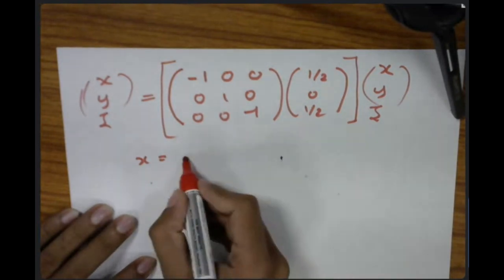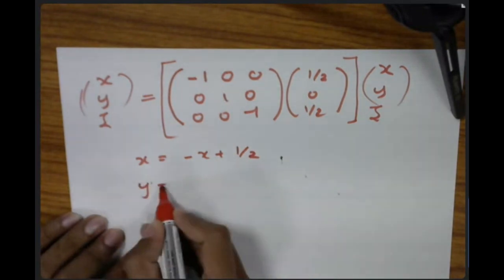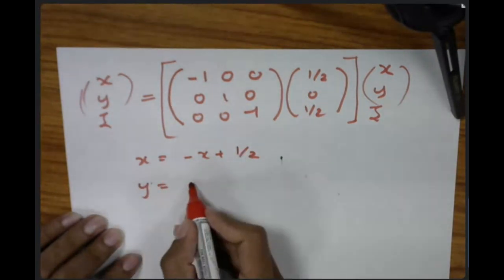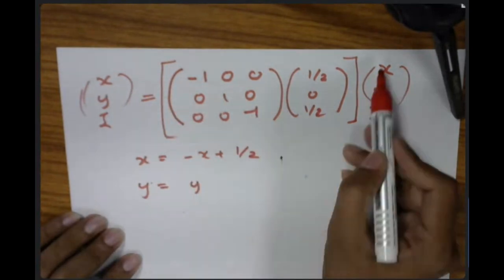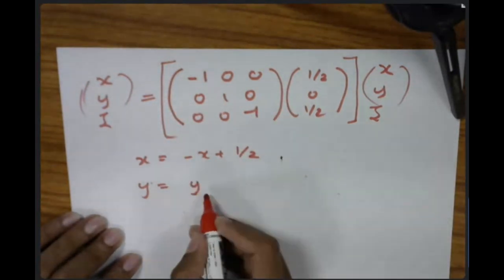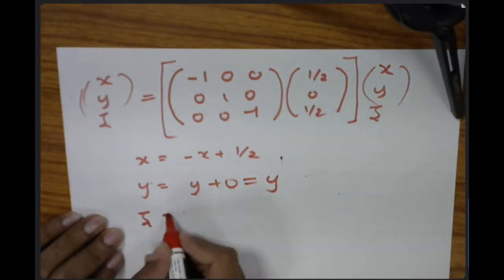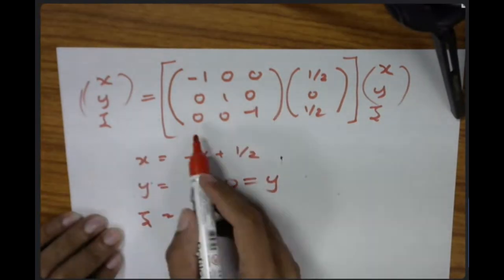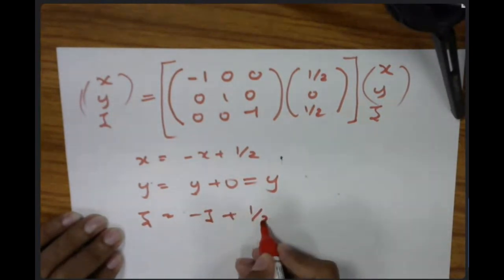So we'll get minus x plus 1 by 2. y will remain as it is, y, right? This will multiply with this and addition of 0. Yes, it will remain y. Regarding the z, z will become minus z plus 1 by 2.